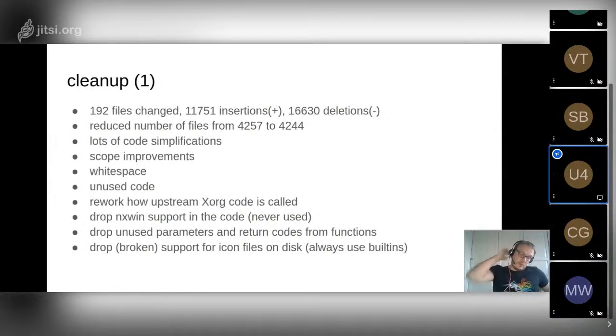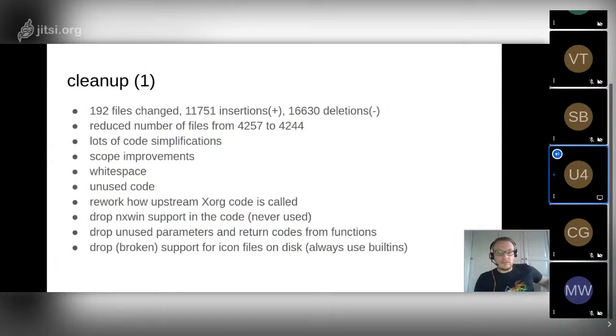And previously we had doubled a lot of Xorg code and activated that instead of the original Xorg code, because we had some changes in them. I reworked that whole system to reduce the number of lines that we have cloned, and try to call the original upstream function as often as possible and do our changes around that code.